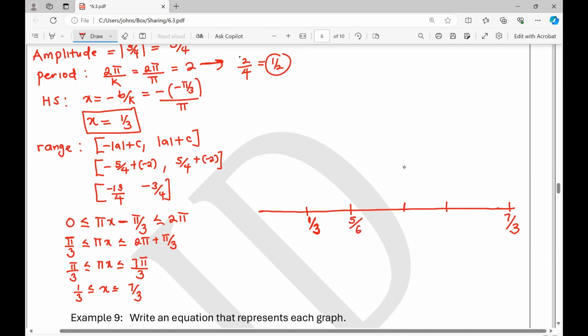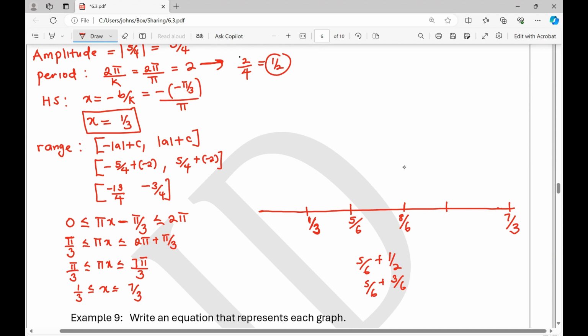Now, to this 5 over 6, we're still going to add 1 over 2, right? Remember, we divide the period by 4, which is the same thing as 5 over 6 plus 3 over 6. Yes. And this is nothing but 8 over 6.